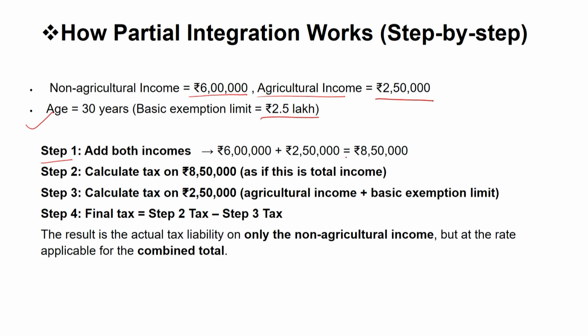Step 1, add both the incomes, 6 lakh plus 2,50,000 rupees, that is 8,50,000 rupees total. Step 2, calculate taxes as per the slab rate system as if this is the only taxable income of the assessee. After that, in step 3, calculate the taxes on 2,50,000 rupees, that is the agricultural income plus the basic exemption limit of the assessee.